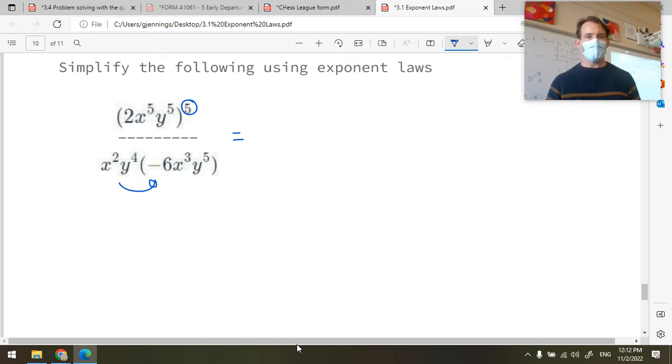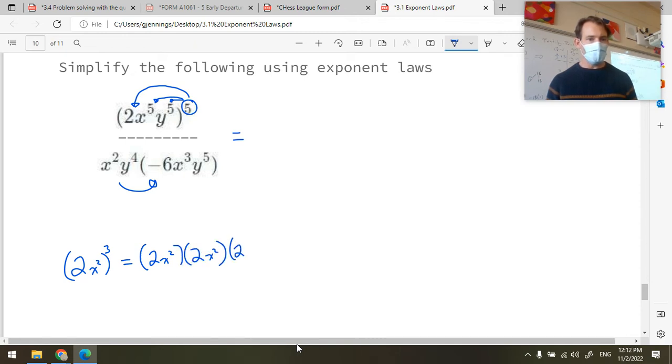Let's see. So we have, I'm going to bring this exponent in. It affects that term, and that term. Let's explore why. If I had 2x squared raised to the power 3, this would be 2x squared times 2x squared times 2x squared.